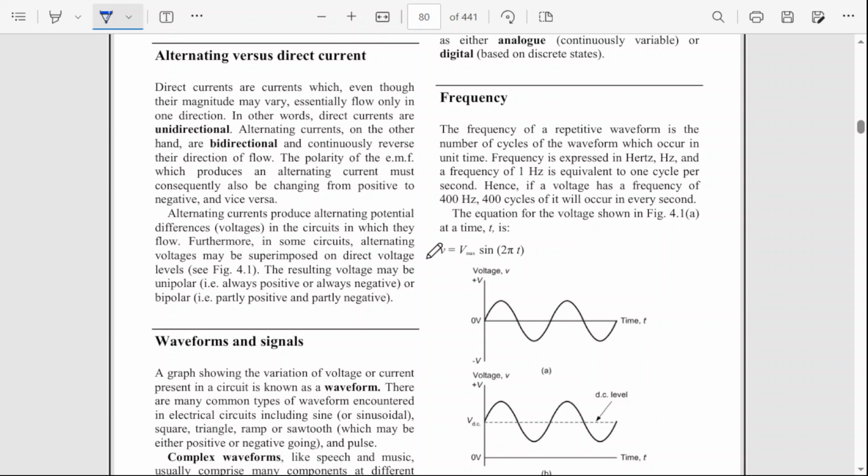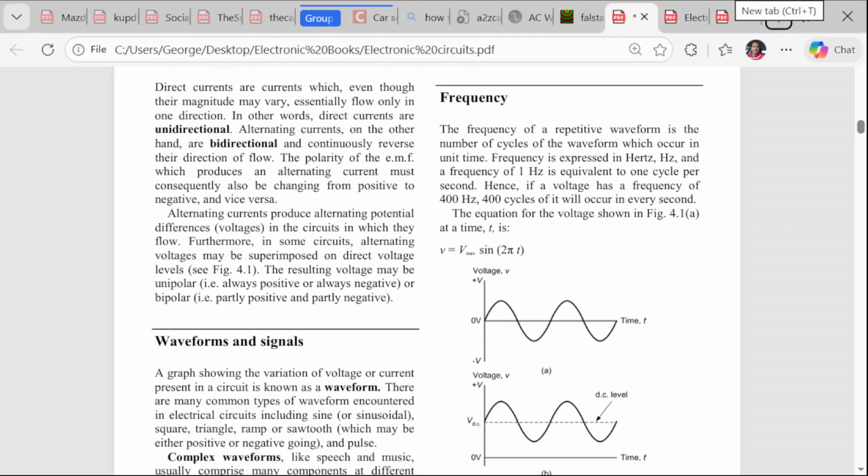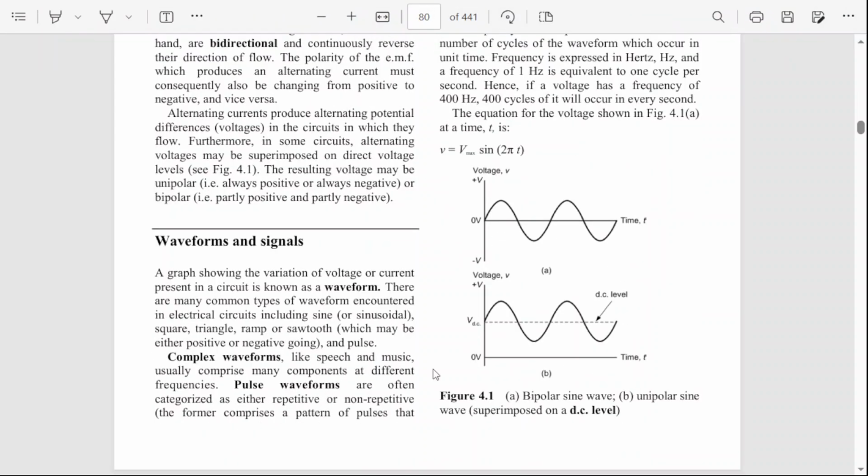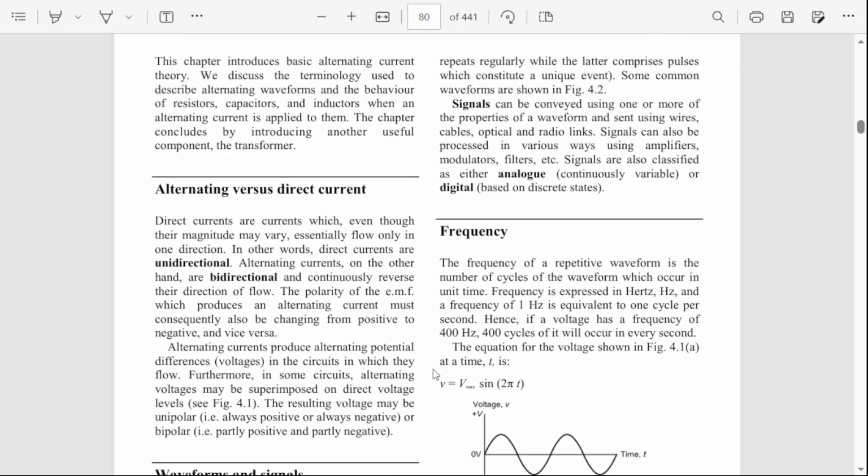Let me scroll down here. It says complex waveforms like speech and music usually comprise many components in different frequencies. Pulse waveforms are often categorized as either repetitive or non-repetitive. The former repeats regularly, while the latter comprises pulses which constitute a unique event.